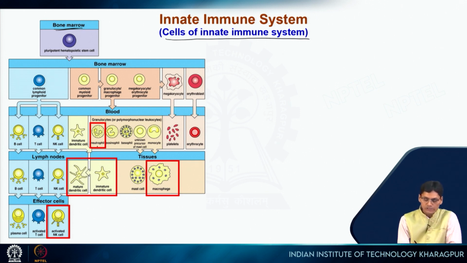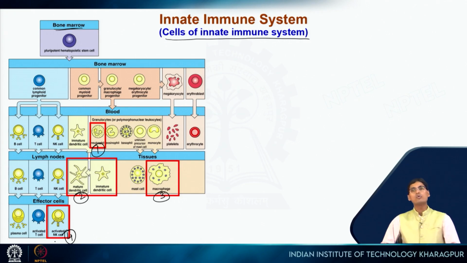One is the neutrophil, second is the dendritic cell, third is the macrophage, and the fourth is the NK cell. These 4 cells are the major innate immune cells present in our body, okay? From the beginning, they try to protect us by preventing pathogens. Let's see how.